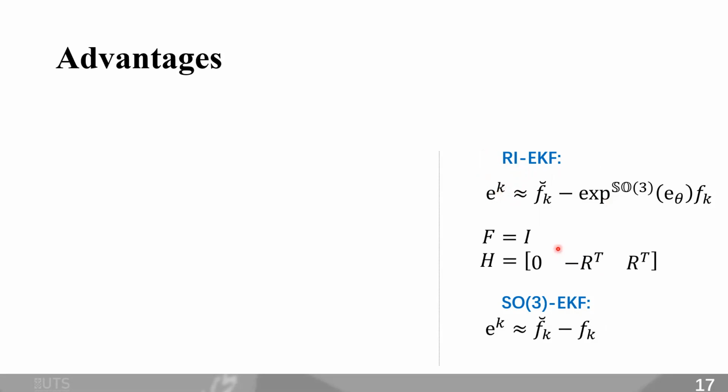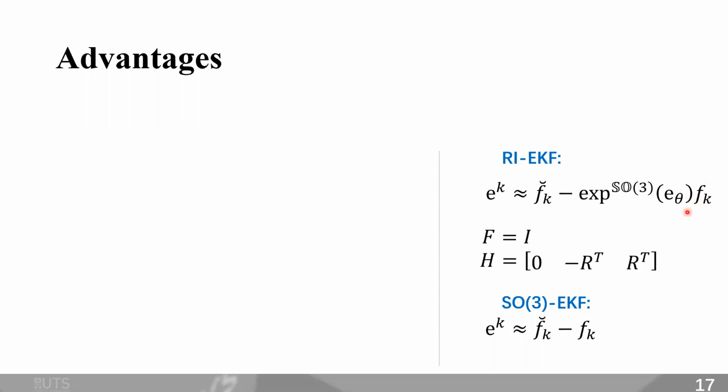Yang, can I ask you a question? What is F_k and F_k hat? F_k with hat is the real position of the features, and F_k is the estimated position of the features.